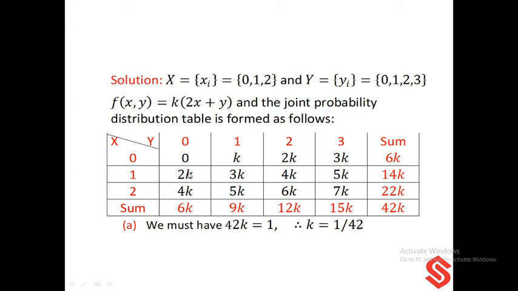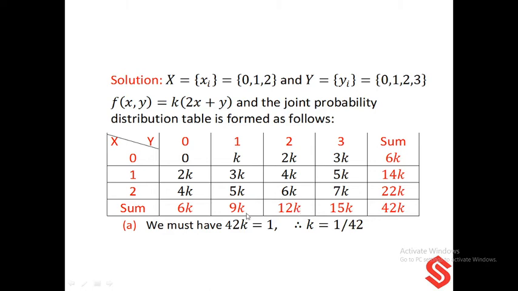Next, row wise the sums are 6k, 14k, 22k, and column wise the sums are 6k, 9k, 12k, 15k. So the sum of the last row 6k plus 9k plus 12k plus 15k is equal to 42k. Even the sum of the last column 6k plus 14k plus 22k is equal to 42k.